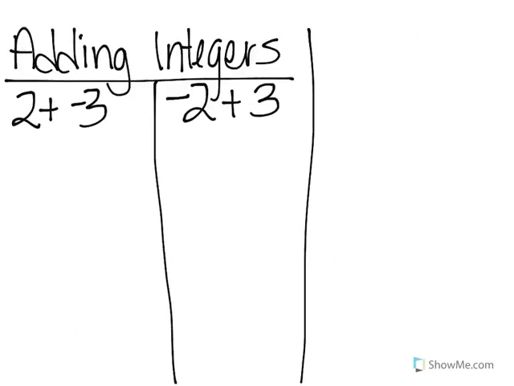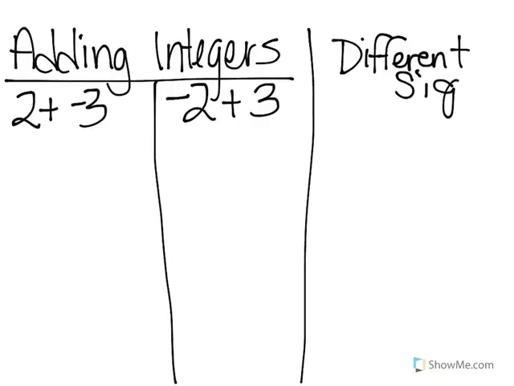But what if we have problems that have different signs? Now we're going to tackle the issue of different signs. Again, I'm going to start with my model. I have positive 2, 1, 2, and I have a negative 3, 1, 2, 3.